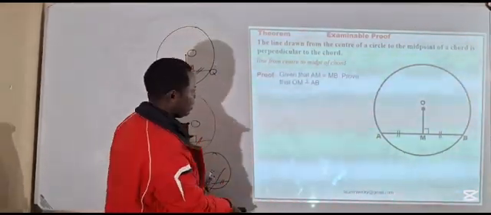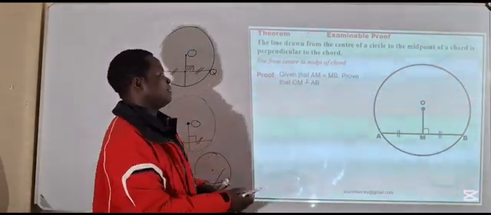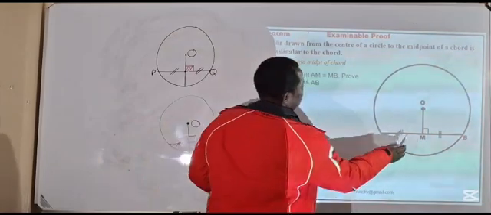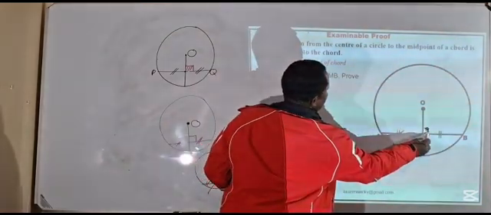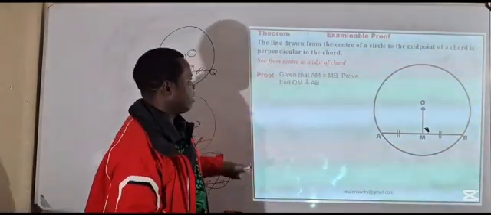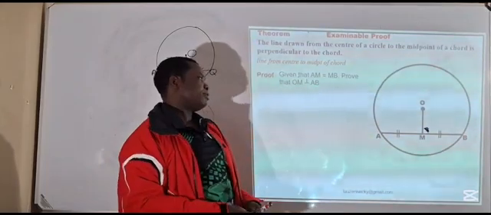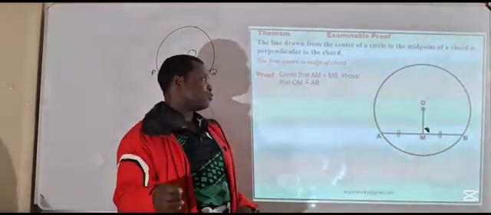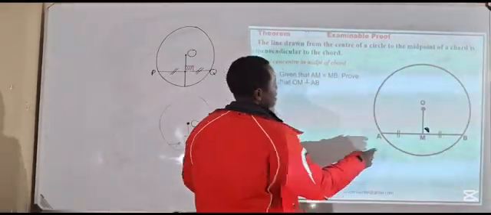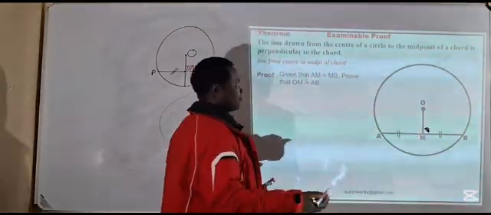So let's say our given information here, let's take it that the 90 degree angle is not there, but what we are given is that line AM is equal to MB, which means the chord is divided into two equal parts, and we need to show that the angle at this point is equal to 90 degrees.